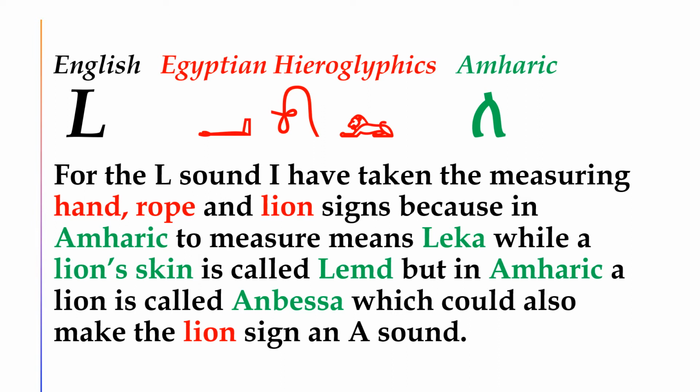We call it lamd, and it starts with an L sound. So that's why I have taken the symbols as the L sound, because there are words connected to measuring which start with the L sound.